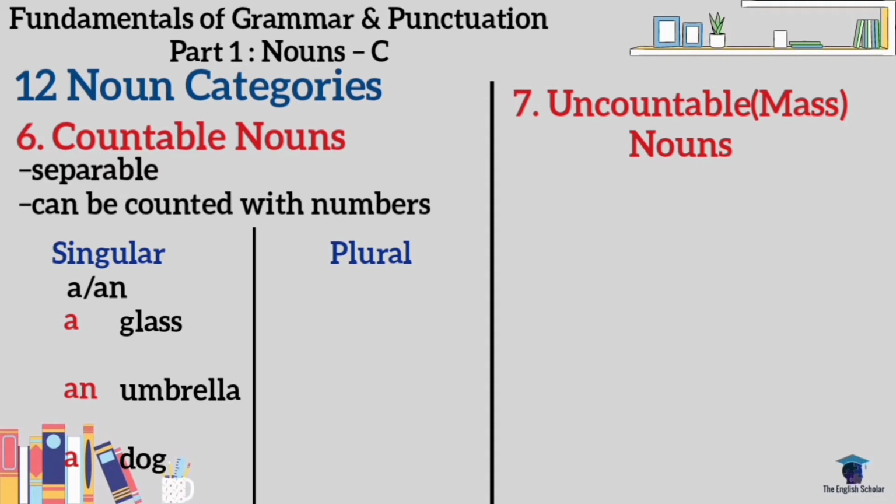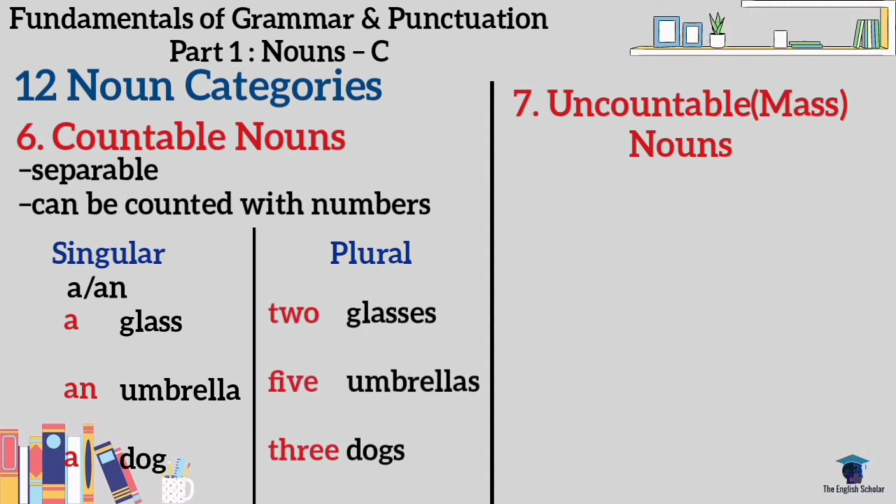For the plural column, we have 2 glasses, 5 umbrellas, 3 dogs. Our nouns here are glasses, umbrellas, and dogs. In this column, since they are more than one noun, or since they are plural nouns, we do not use articles a or an, just the exact numbers themselves, like 2, 5, and 3.